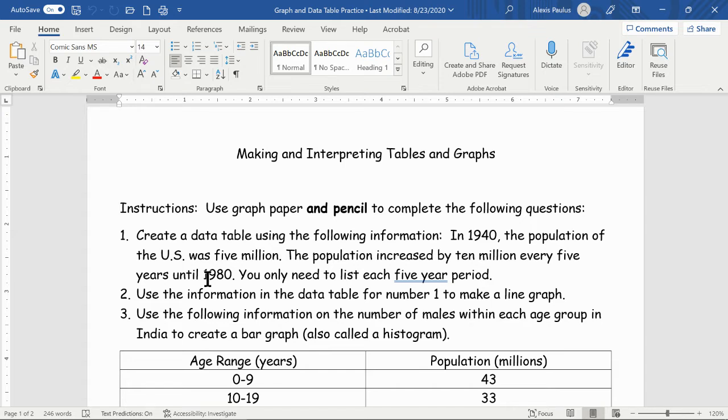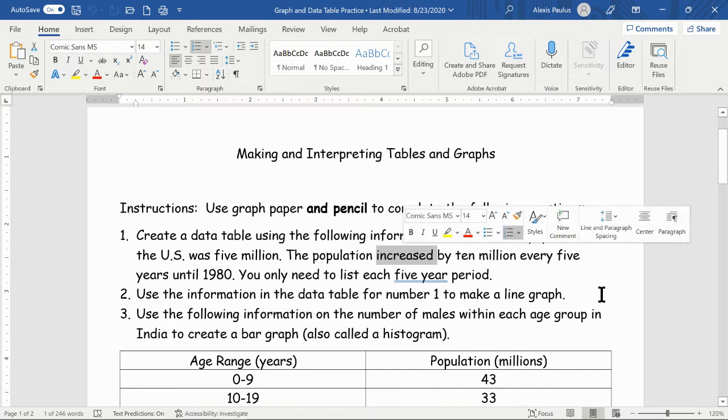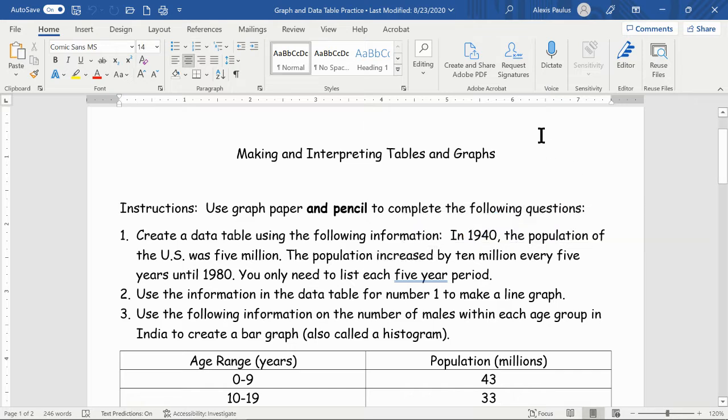So I'm going to put 1940 to 1980, and then I'm going to cross off years because that's covering that. We might put the years of 1940 to 1980, but I think that's kind of self-explanatory. Also, notice we have an increase. Okay, so we have an increase in population. So I think that's about all we need.